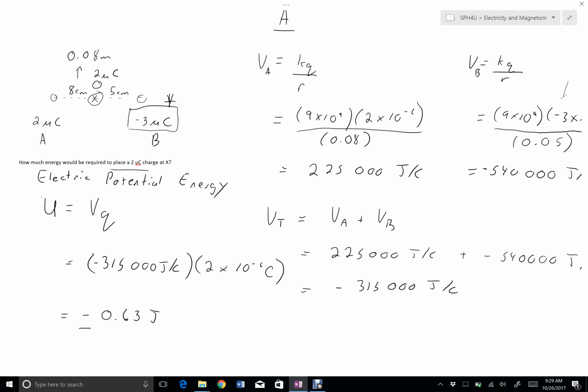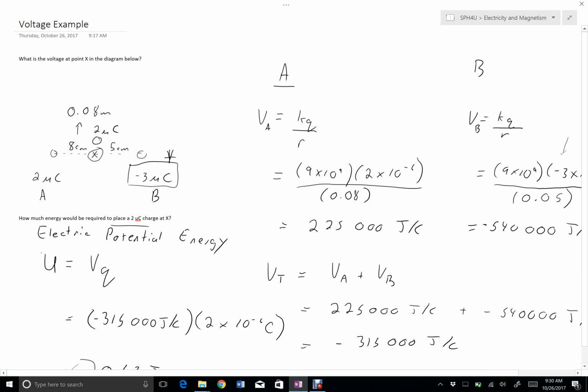So as that 2 microcoulomb charge approached point X, it actually would have sped up, and that energy would have been available, say, for heat or whatever other form of kinetic energy could be realized by that charge going there. So that's what that negative on that energy means. It's now in a hole or below what we consider to be the zero energy reference point.